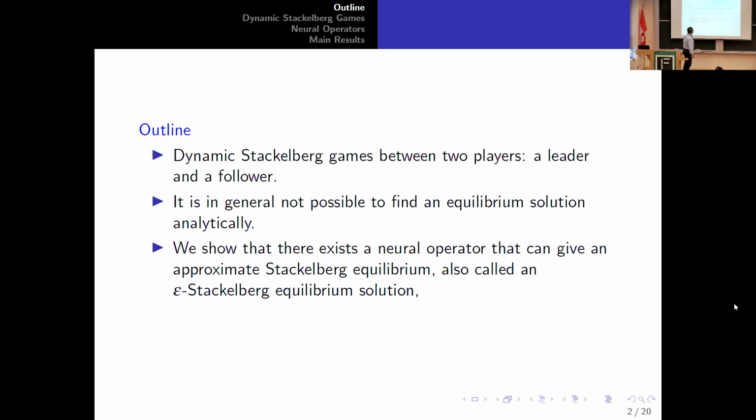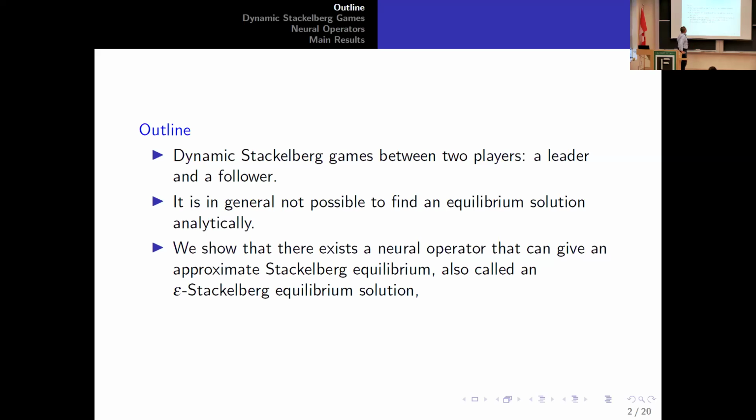Here's an outline of the talk. At first, we briefly introduce the dynamic Stackelberg game, and we emphasize that in general it is not possible to find explicit solutions, unless in some very special case like the linear quadratic case.